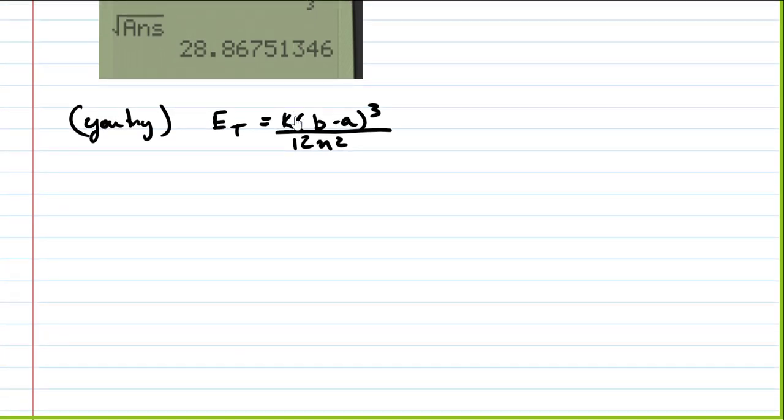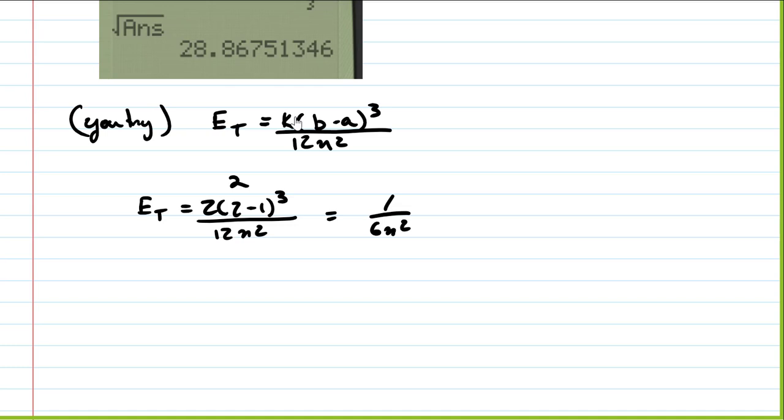So we want our error this time. We still know k is 2, so E sub t is going to be 2 times (2 minus 1) cubed all over 12n squared. So the numerator is going to be 2, and 2 goes into 12 6 times, so we get 1 over 6n squared.